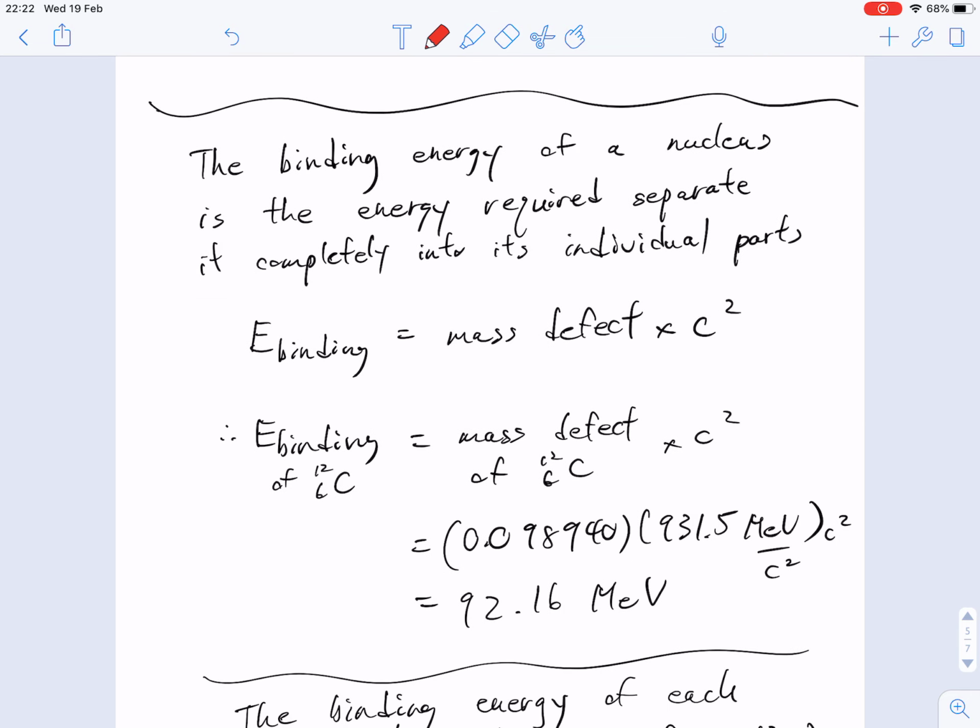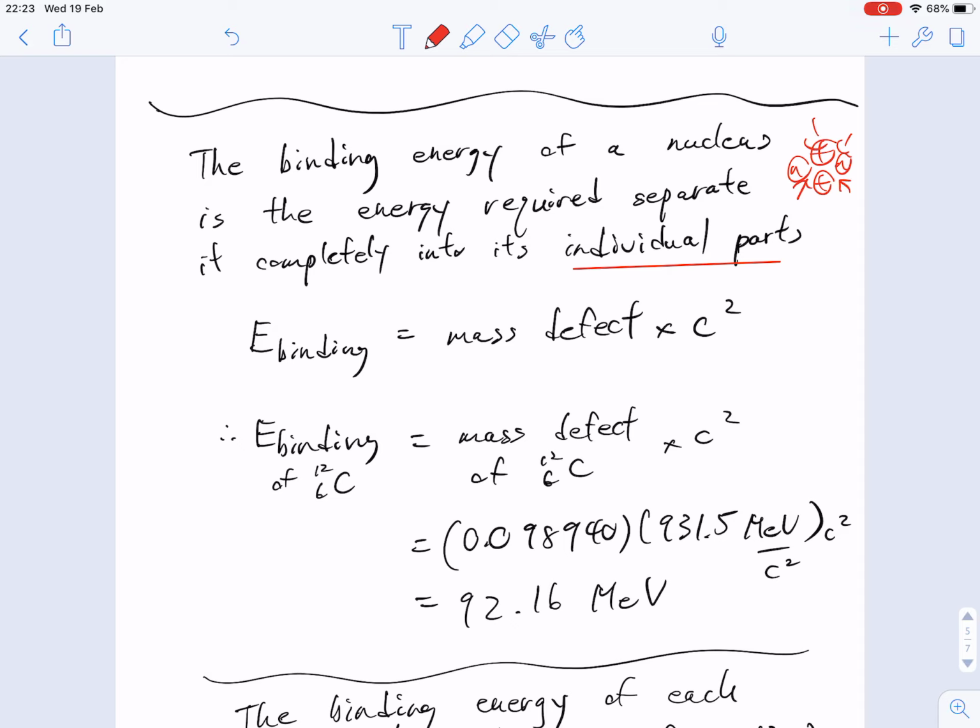So the binding energy of a nucleus is the energy required to separate the individual parts, or the individual nucleons. If you had a proton and a neutron, it's the energy required to separate these guys.